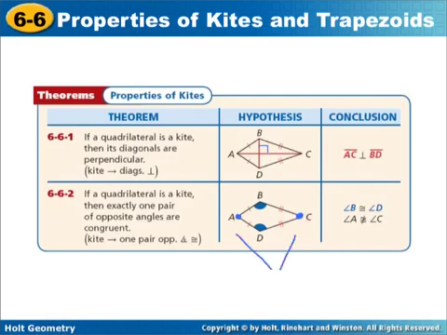Those are called the ends of the kite. So if you ever hear me say the ends of the kite, A and C, that means that A and C are the two points between the congruent sides. And so in this theorem, what I'm talking about are the angles that are not at the ends. Okay, questions on that at all? Okay.